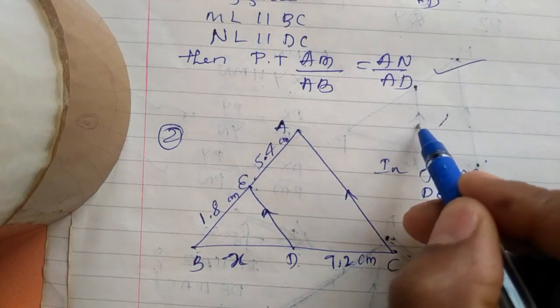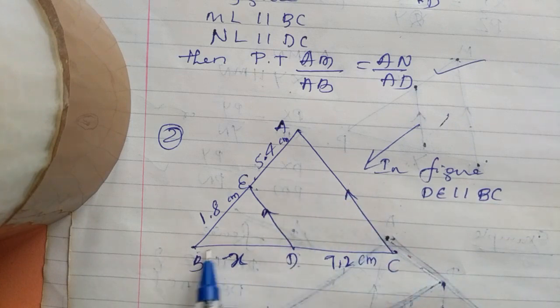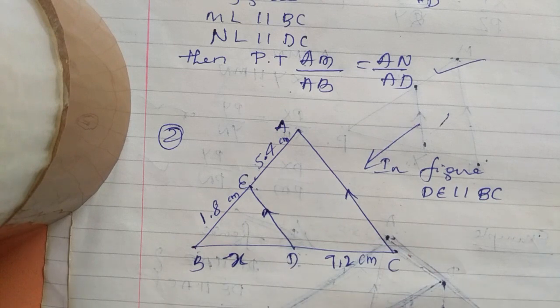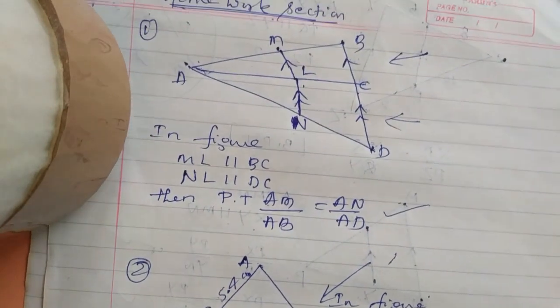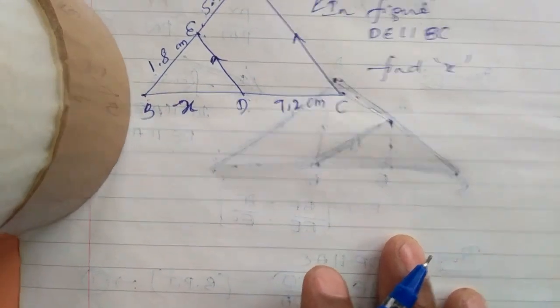The same with this diagram also: if you observe from this side, when these two are parallel, you can write half by half form, or half by full form also. So okay, and find X. These two are the homework for you. The first problem is proving, the second problem is finding an unknown length.